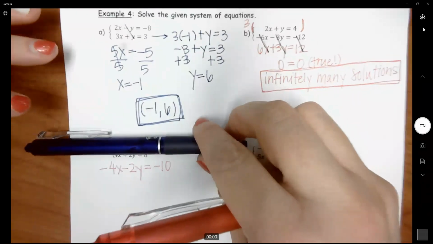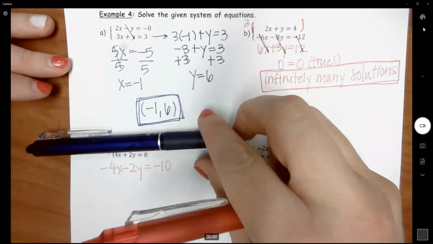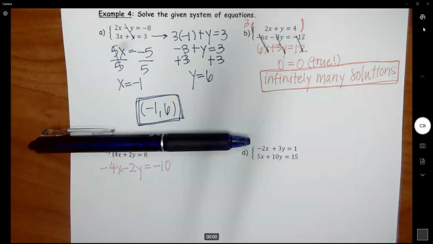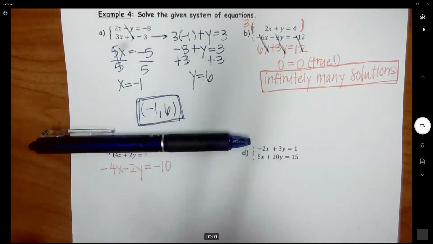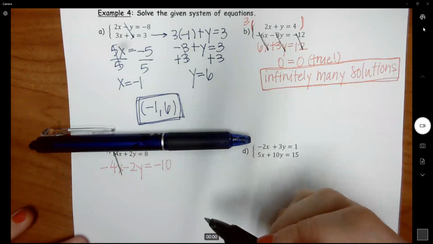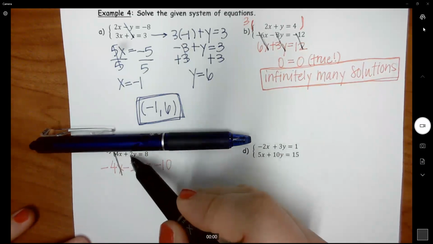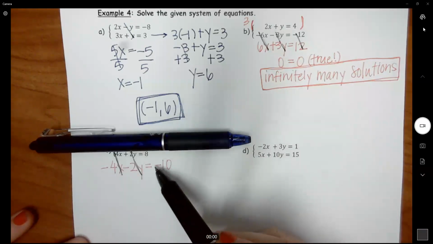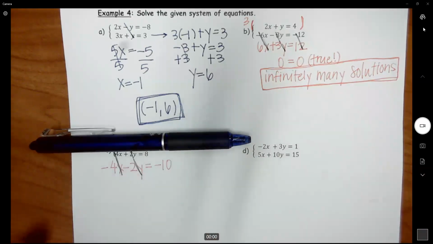So I am again not looking at this first equation anymore. These are now my two equations. So my x's do eliminate because we have a +4 and a -4. So those are gone. My y's also eliminate. So 2y and a -2y, those are gone. But my constants do not eliminate this time.